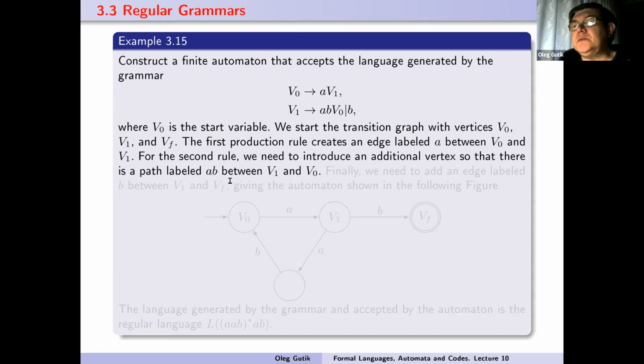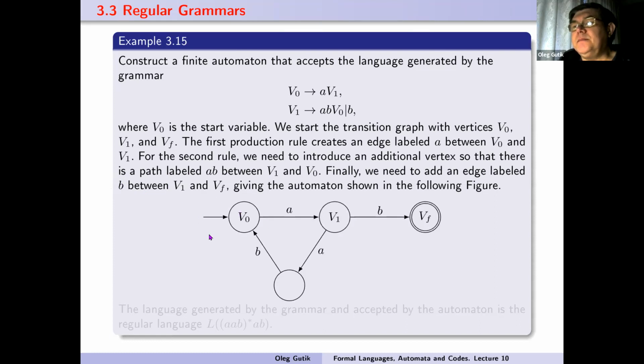For the second rule, we need to introduce an additional vertex so that there is a path labeled by AB between V_1 and V_0. Finally, we need to add an edge labeled by the word B between V_1 and V_F, giving the automaton shown in the following figure.